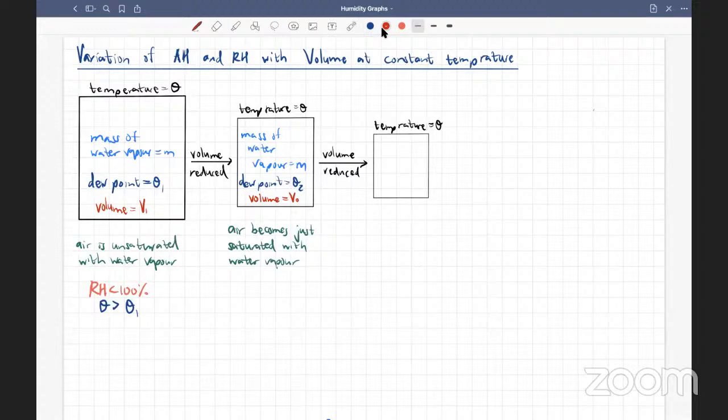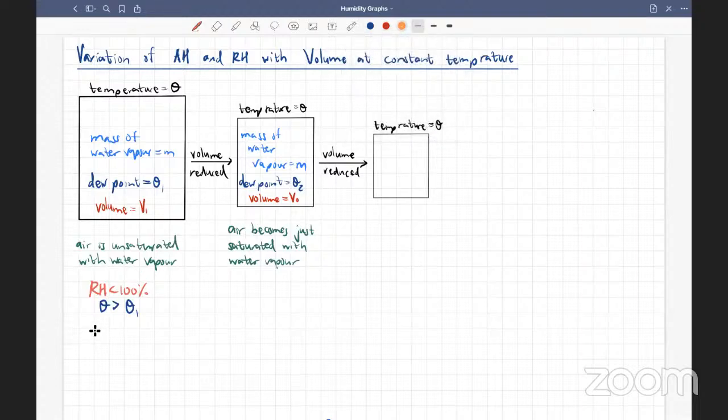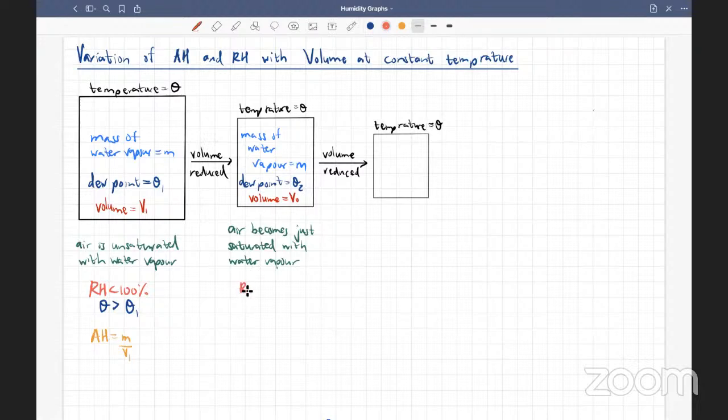So absolute humidity, just like the previous case, if I write the equation for absolute humidity here, it is equal to m over V1. And how about RH, people? Now RH, relative humidity, as air becomes saturated, will become exactly 100. And at that point, what can you say about the dew point and the room temperature?